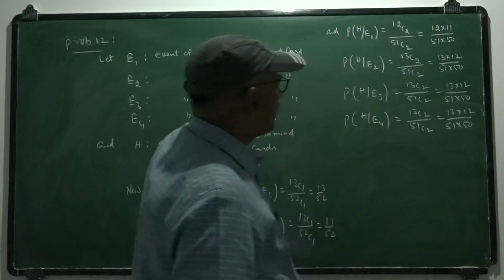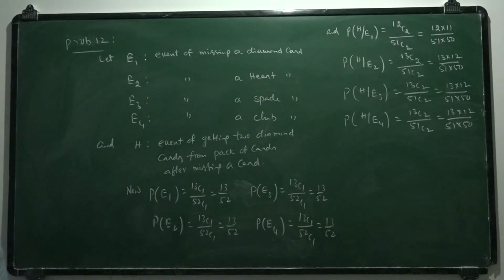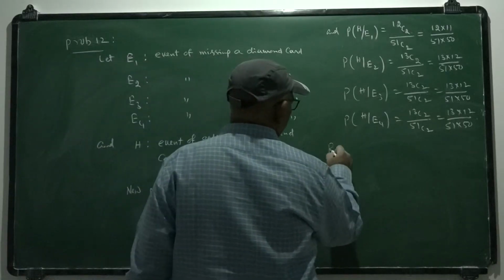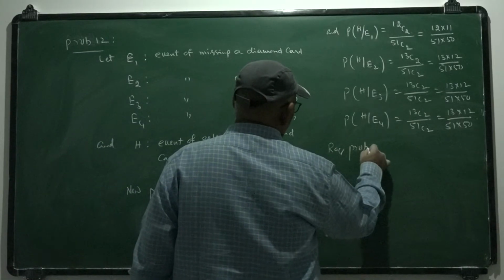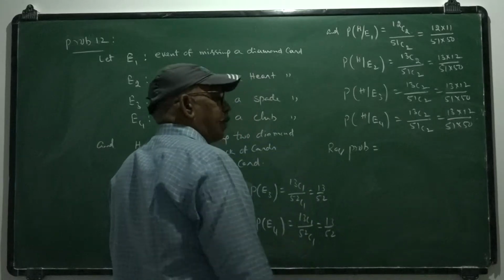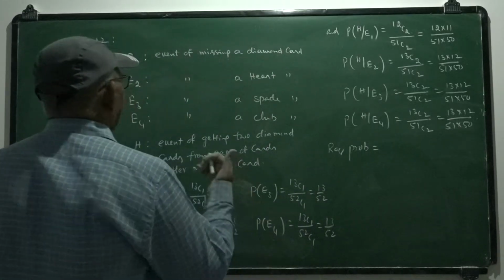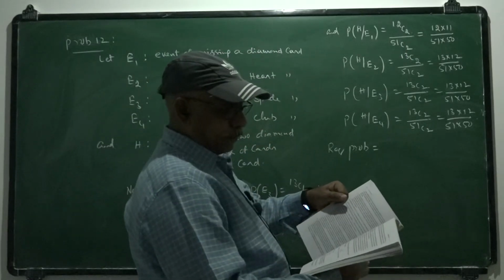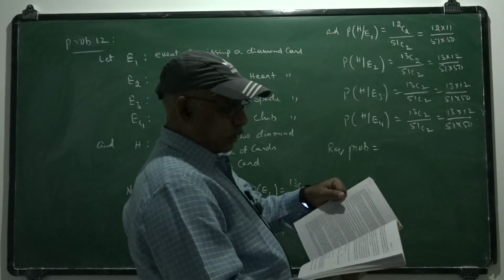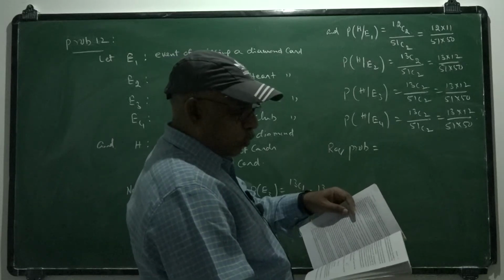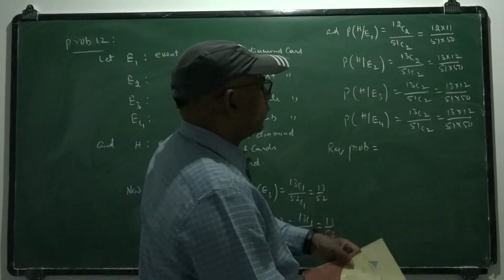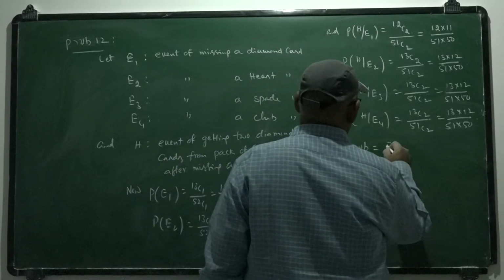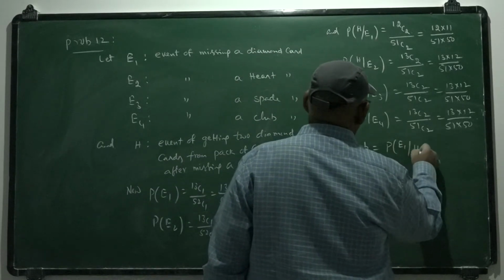These are all different probabilities of H on the occurrence of either E1 or E2, E3, E4. Now the required probability. The probability of the lost card being a diamond, once it is found that the drawn 2 cards are diamonds. That means probability of E1 on the occurrence of H is needed.